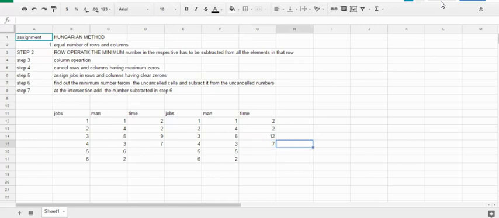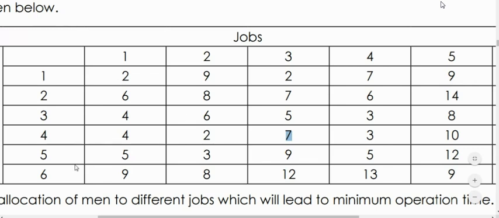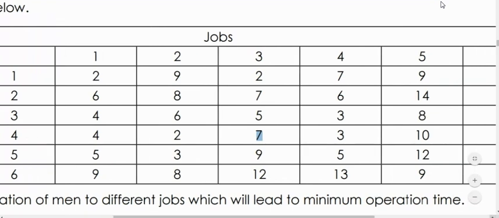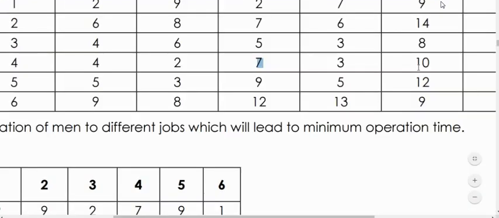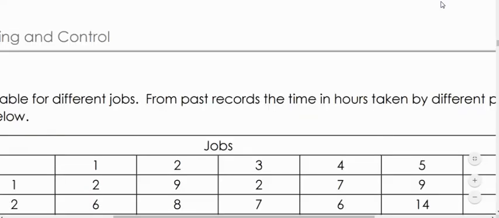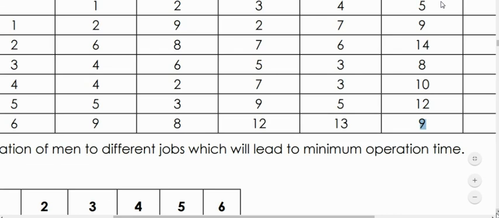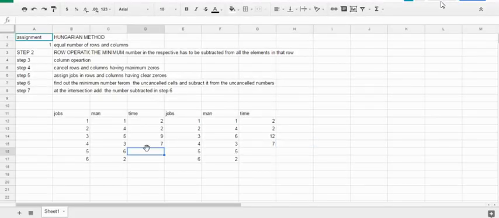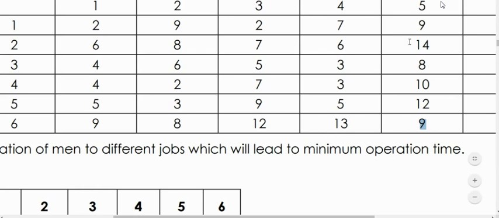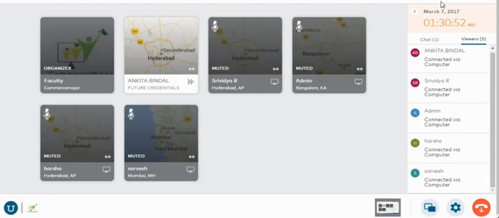Now the fifth job by the sixth man was completed in 9 hours. And the fifth job by the fifth man was completed in 12 hours.